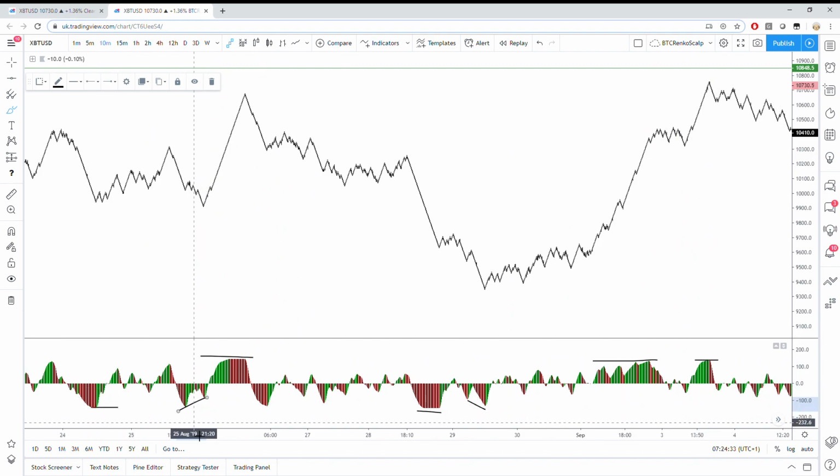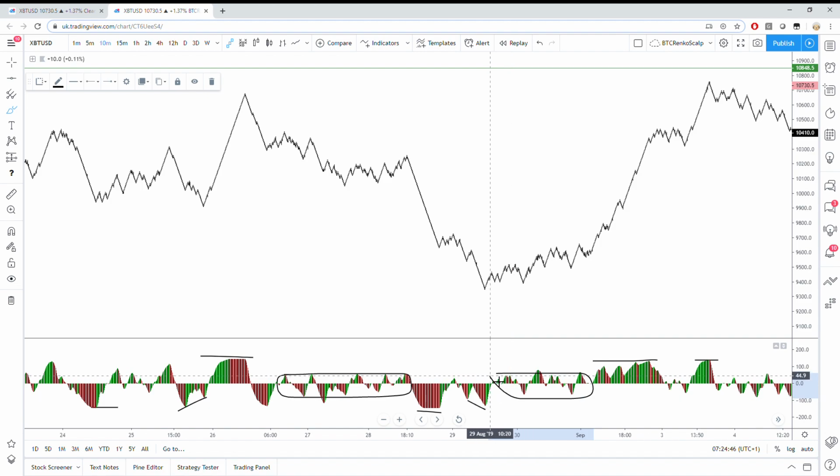I want to trade this, okay? I don't want to trade these. Don't want to trade this. This is way too choppy. This indicates to me we're in a range.